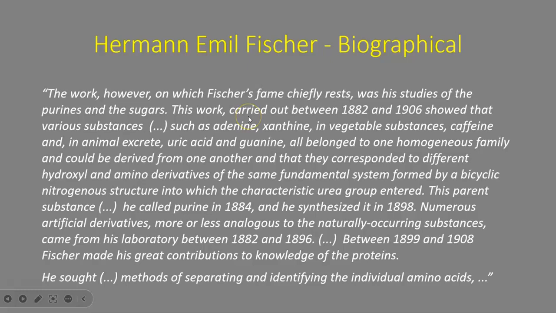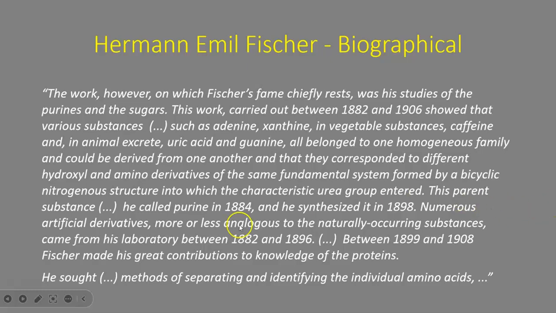This work, carried out between 1882 and 1906, showed that various substances such as adenine, xanthine, in vegetable substances, caffeine, and in animal excreta, uric acid and guanine all belong to one homogeneous family and could be derived from one another, and that they correspond to different hydroxyl and amino derivatives of the same fundamental system formed by a bicyclic nitrogenous structure into which characteristic urea groups entered. So they're all part of the same family. They have more or less the same structure, and they can be derived from one another, as I said.